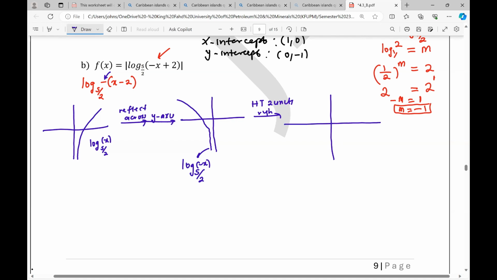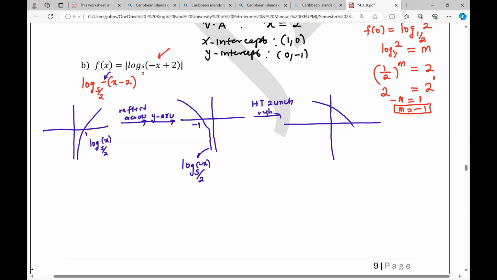So here, remember, this is 1, this is minus 1, right? So if you take 2 units to the right, it's going to cross at 1. So this is at 1.